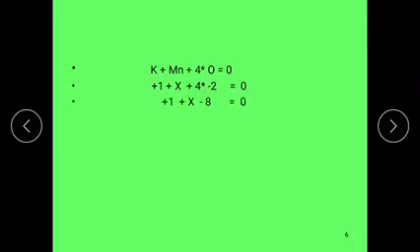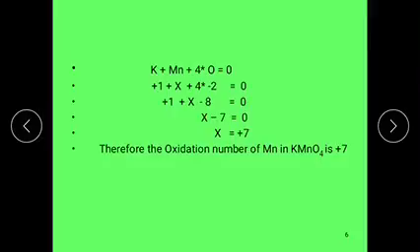This gives 1 plus x minus 8 equals 0, then x minus 7 equals 0, so x equals plus 7. Therefore the oxidation number of manganese in KMnO4 is plus 7.